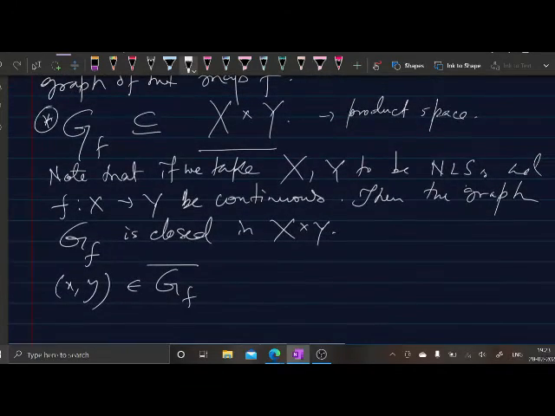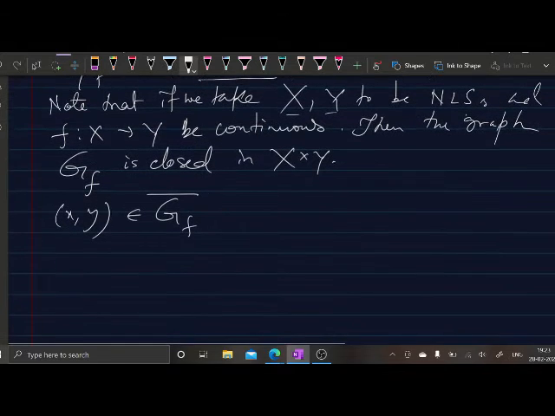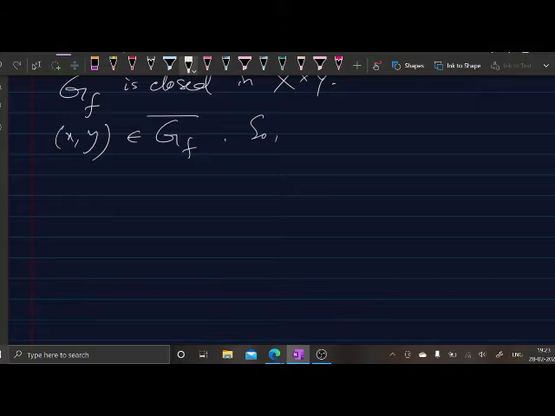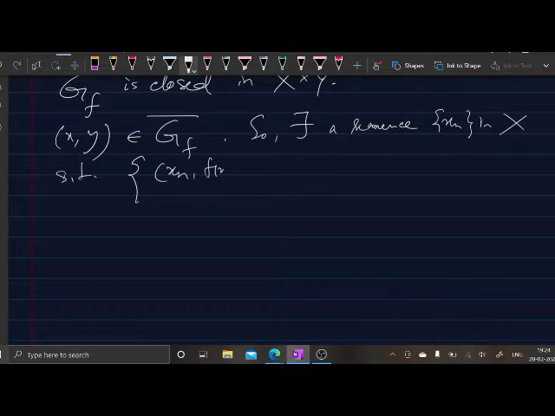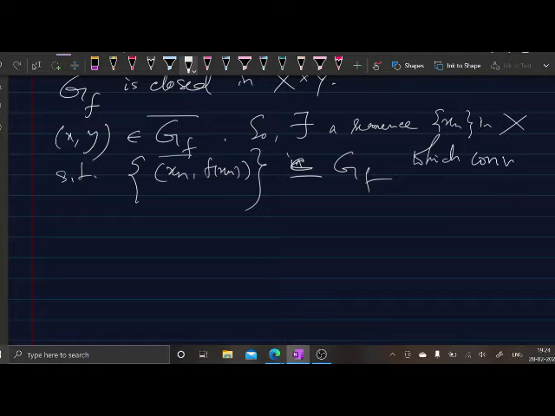So being normed linear spaces, there exists a sequence x_n in X such that you can form a sequence (x_n, f(x_n)) in G_f which converges to (x, y).